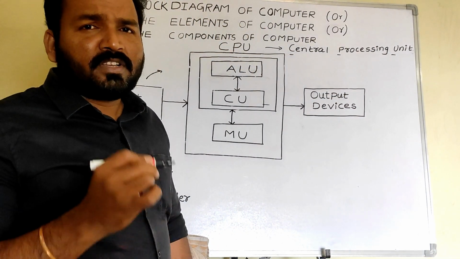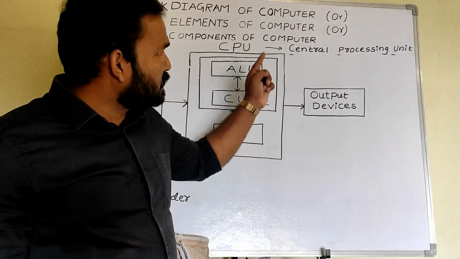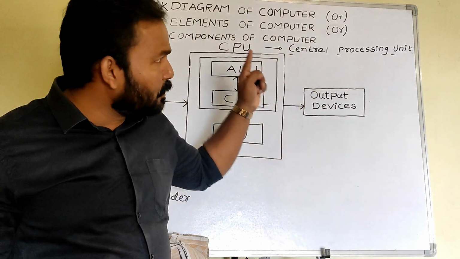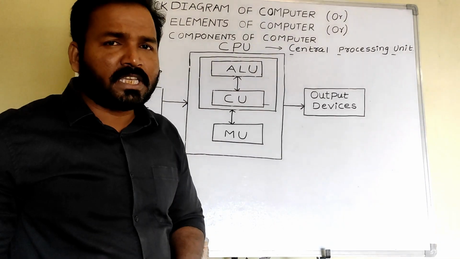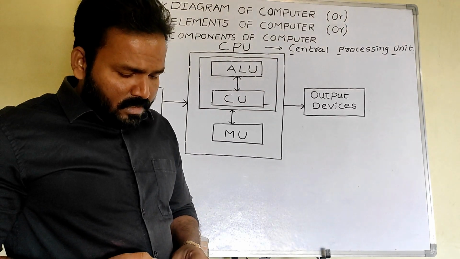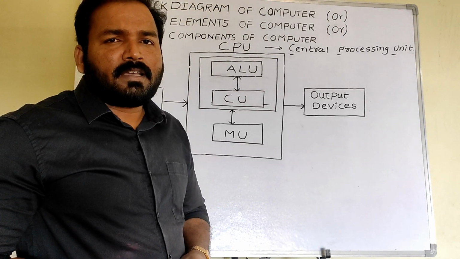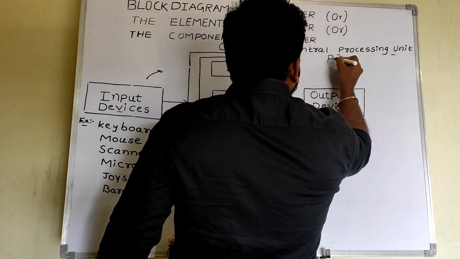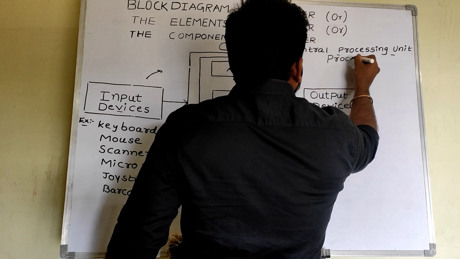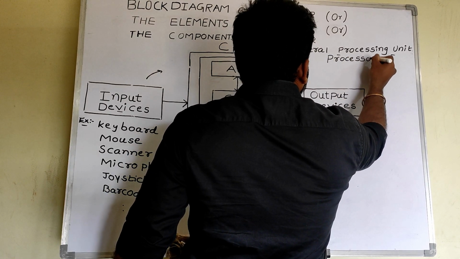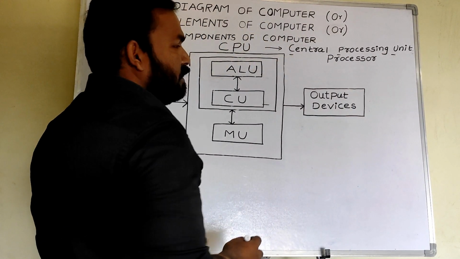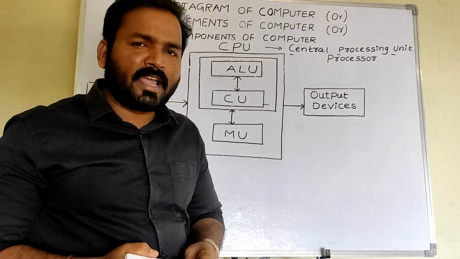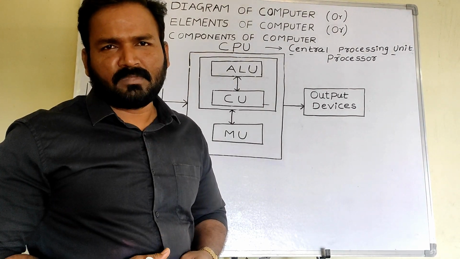The full form of CPU is Central Processing Unit. It is also called a processor.